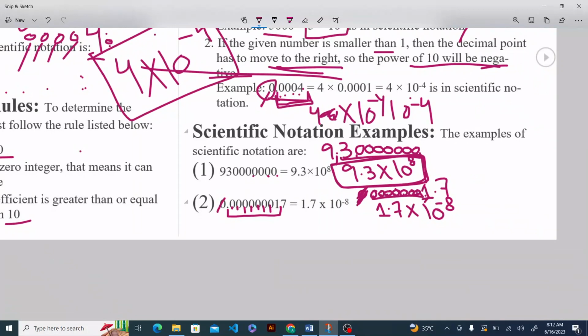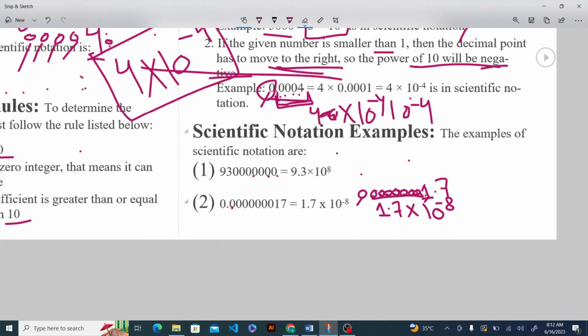Sorry, this is the same example here, that we are not going to count this 0 after we move this decimal point to here, 1.7 multiplied by 10 to the power minus 8.